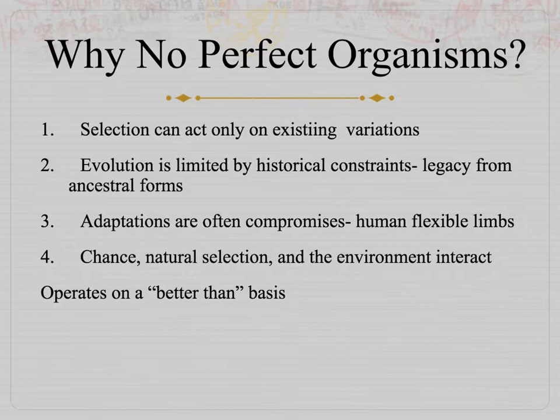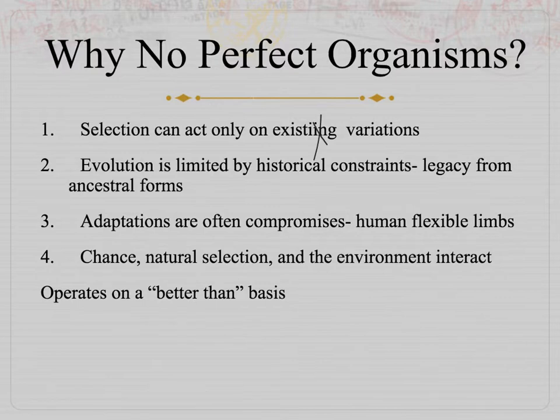So why hasn't evolution and natural selection produced any perfect organisms? Well, because selection can only act on existing variations, it doesn't create new ones. Okay. So we don't have a perfect organism.